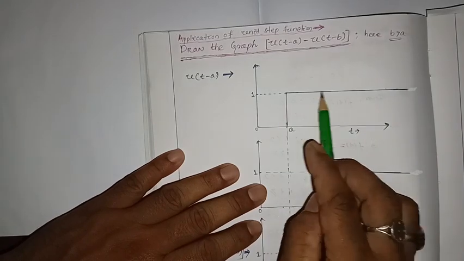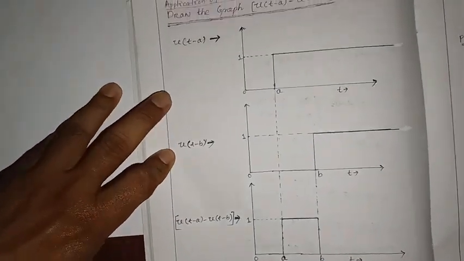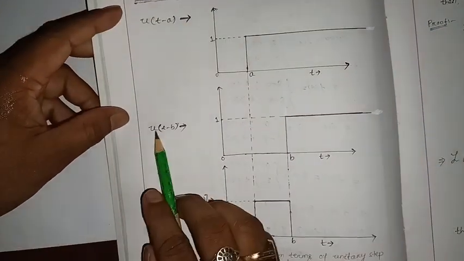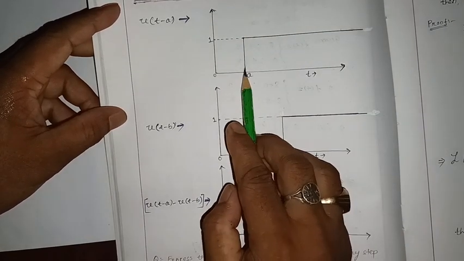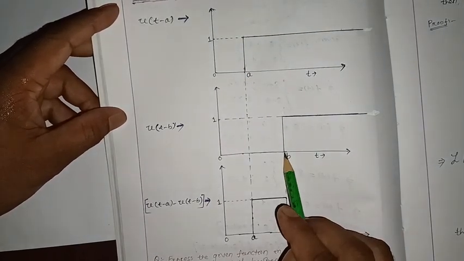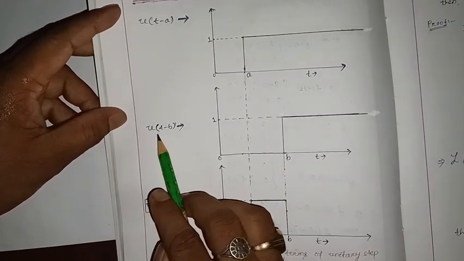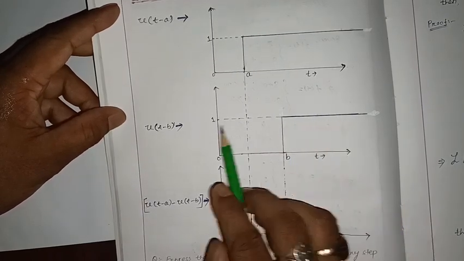This graph represents u(t minus a). As I told, here b is greater than a, so the point for u(t minus b) will be here, and before b the value of u(t minus b) is 0, and after b it is 1.